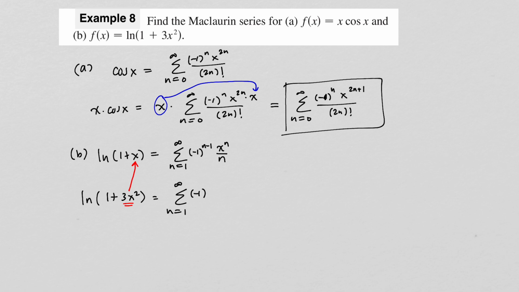We are just going to replace x with 3x squared. So we will have 3x squared to the n. And this gives us the sum n equals 1 to infinity, negative 1 to the n minus 1 times 3 to the n times x to the 2n, all divided by n. So again, all I'm doing here is just taking this power and applying it to the 3, and then taking that power and applying it to x squared, which gives us x to the 2n.